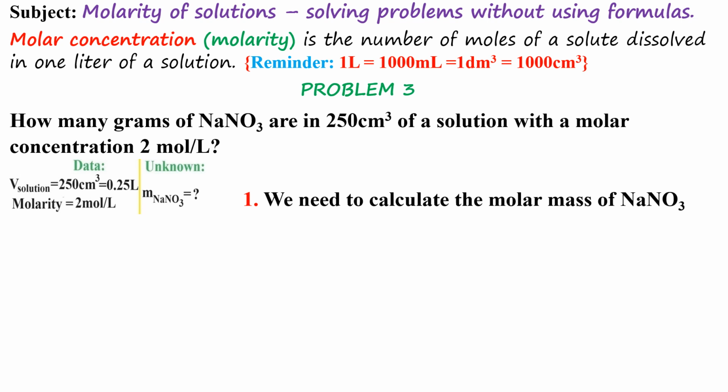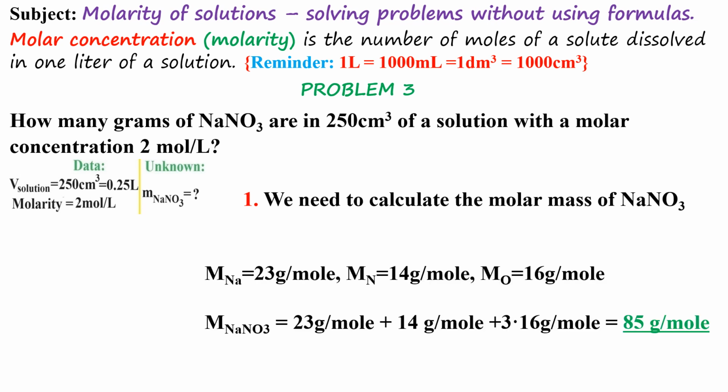First step, we need to calculate the molar mass of sodium nitrate. We read the atomic mass of sodium, nitrogen, and oxygen from the periodic table and write them as molar masses.